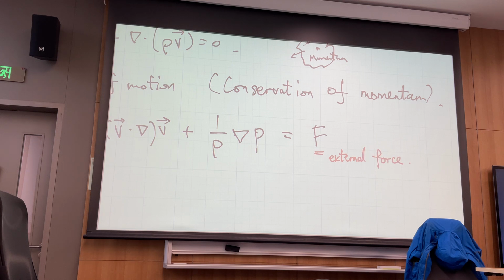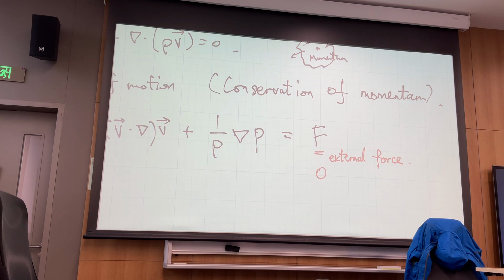And if there is no external force, which means all the flow is just flowing completely freely, then in this case the right hand side is of course going to be 0, because there's no external force. But again, in many natural cases there are external forces.